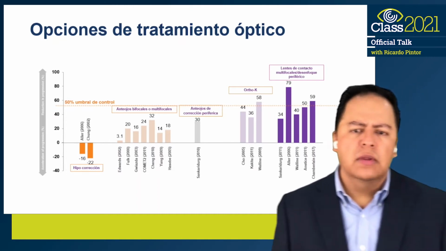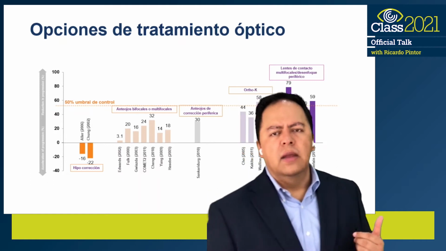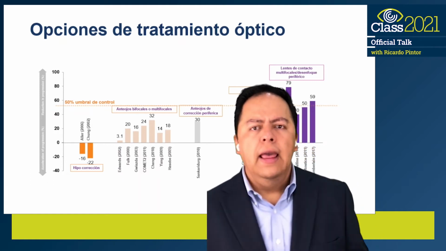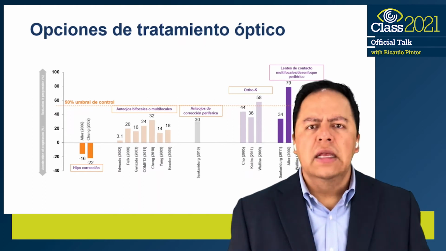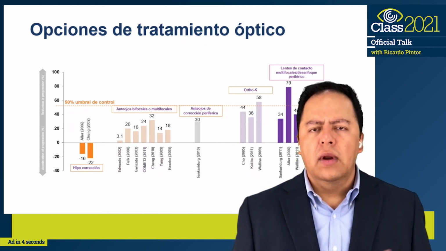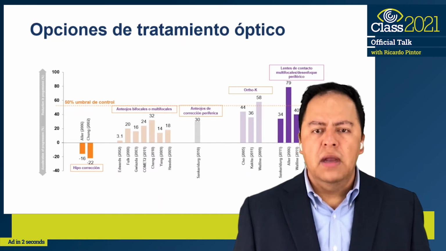So it is important to know what we have for our patients, and we will detail and monitor the new designs in each of these areas that have been changing and achieving a more effective level, greater than 50%.